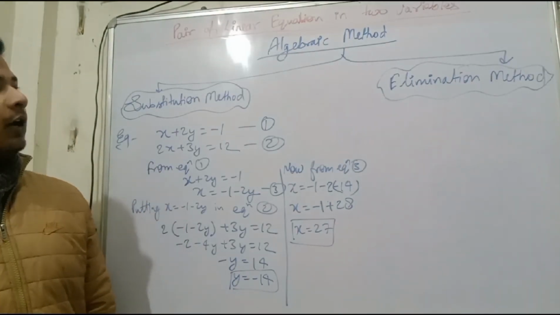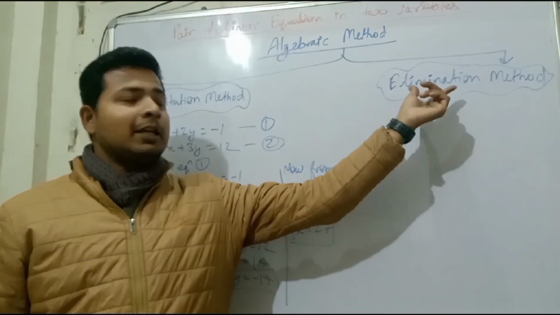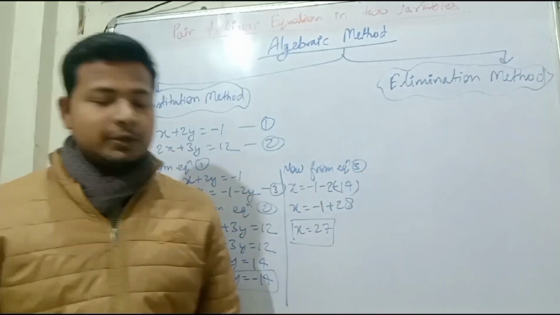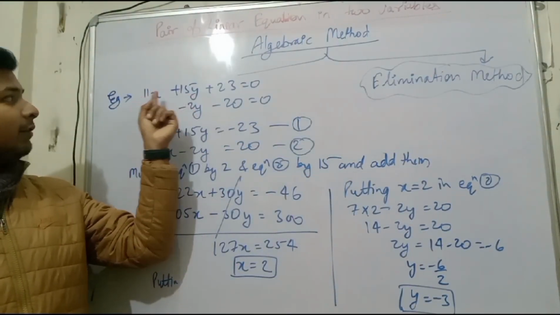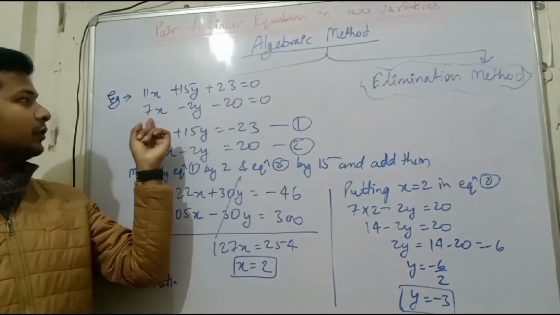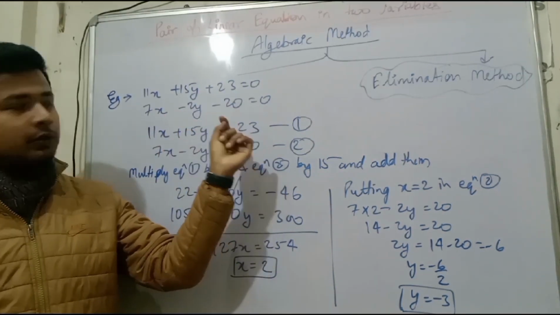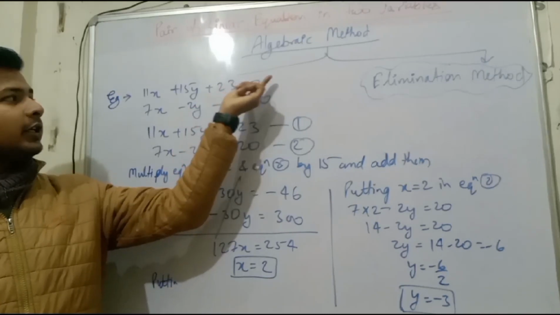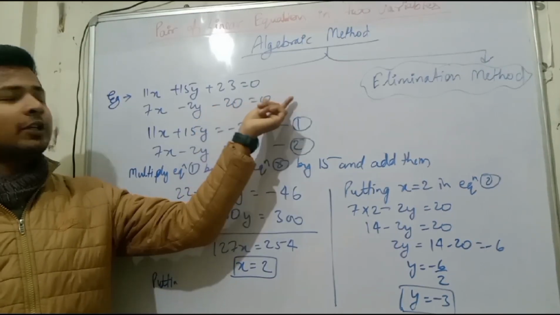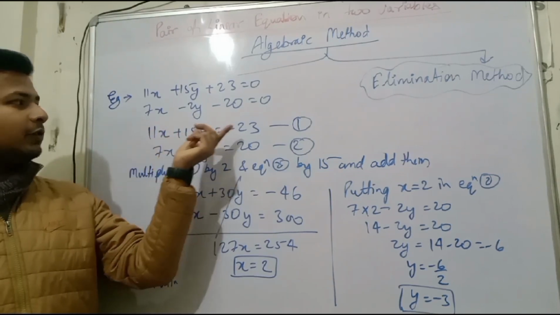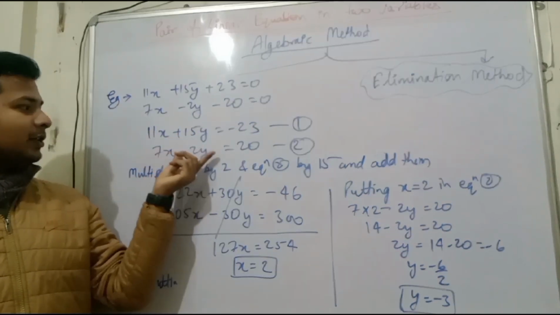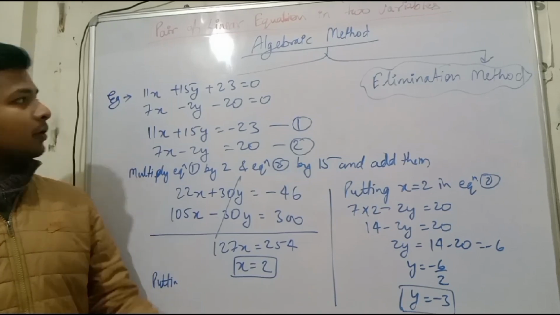Now we have to understand the elimination method with an example. For the elimination method, I have taken the example 11x plus 15y plus 23 equals 0, 7x minus 2y minus 20 equals 0. Let's send the 23 and the minus 20 to the RHS, just to make it simple: 11x plus 15y equals minus 23, 7x minus 2y equals 20.